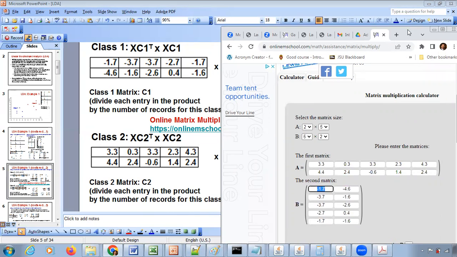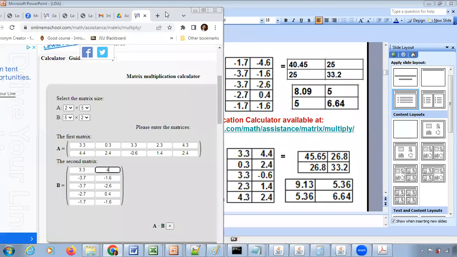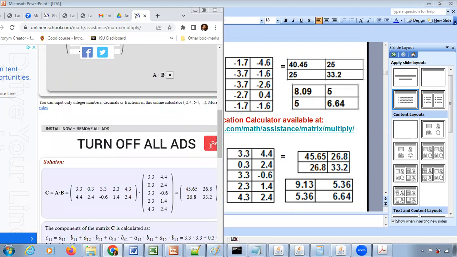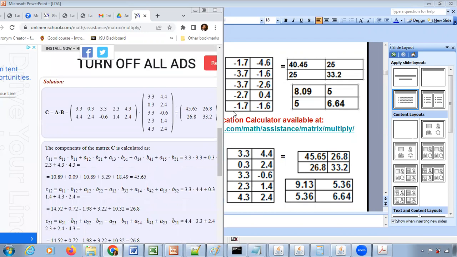And here this is 3.3, 4.4, 0.3, 2.4, 3.3, negative 0.6, 2.3, 1.4, 4.3, 2.4. That's equal to, okay, we get 45.65, 26.8, again 26.8, and 33.2.